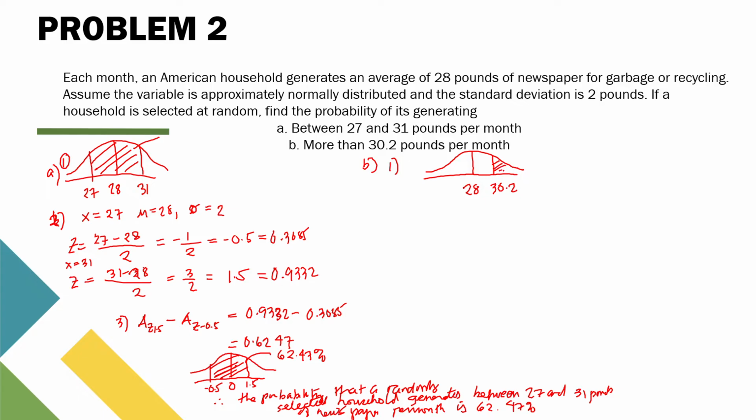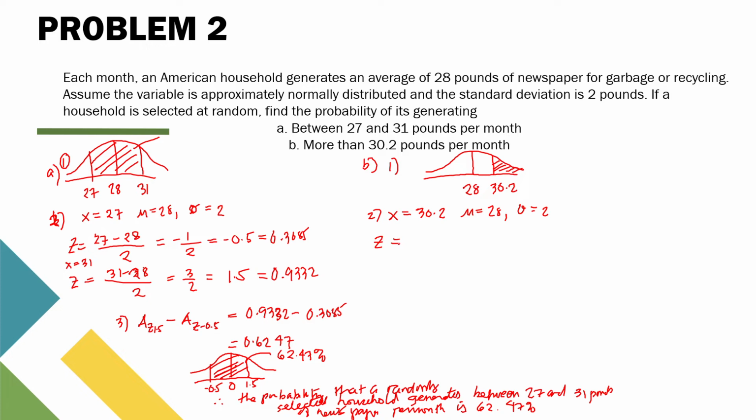So therefore, this is more than 30.2 pounds. So we need to convert first. In step number 2, we have to convert x equal to 30.2, and our mu is equal to 28 and the standard deviation is equal to 2. We have to convert this one.